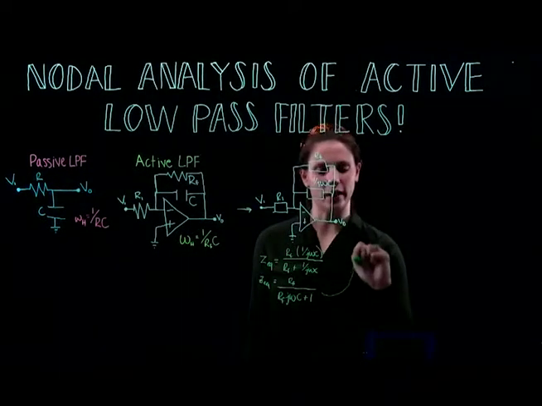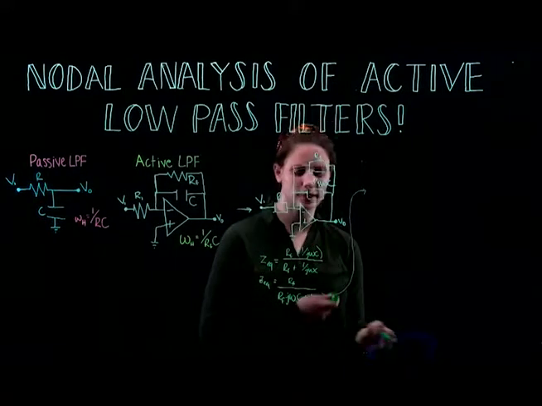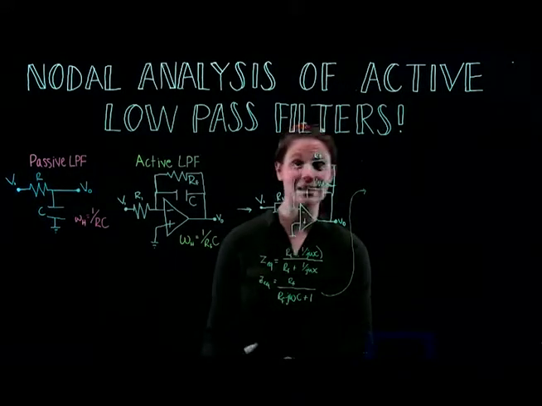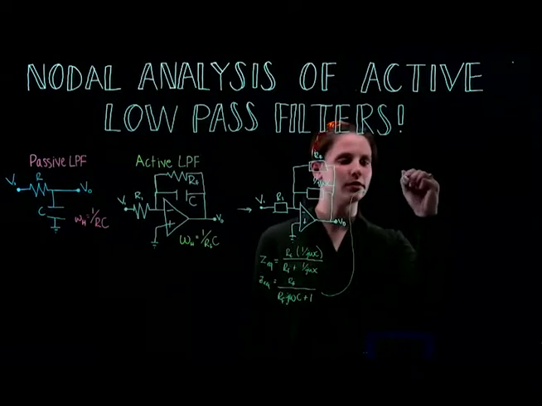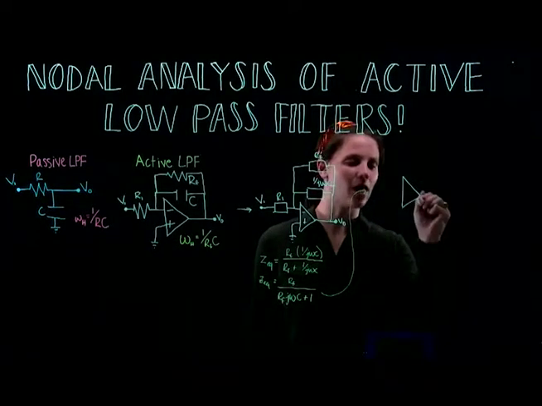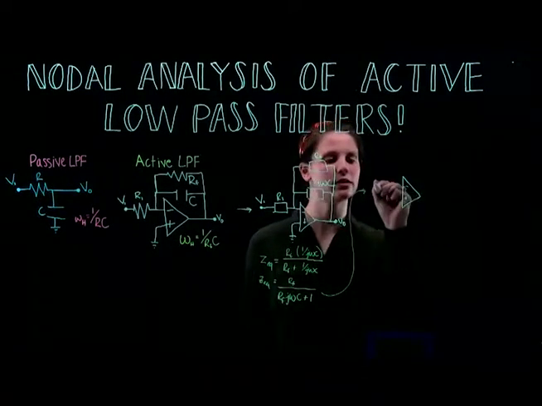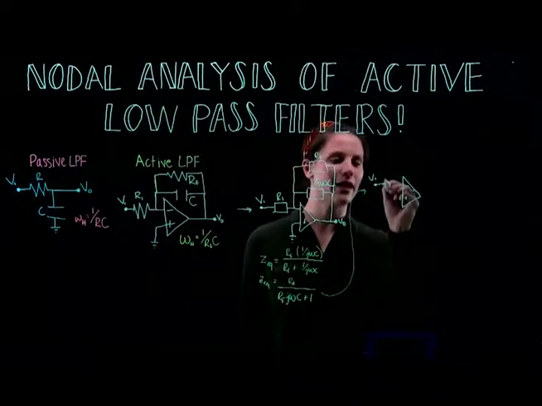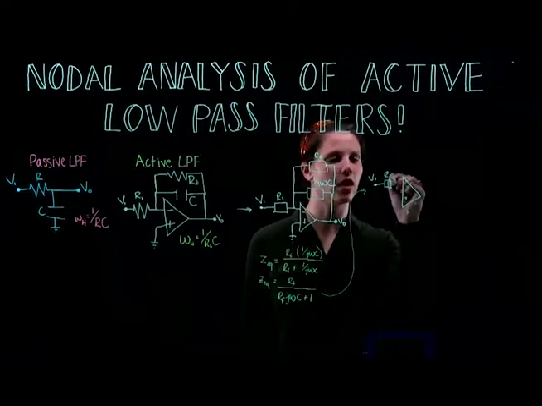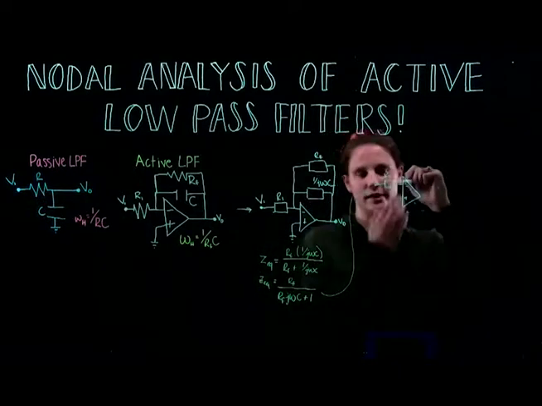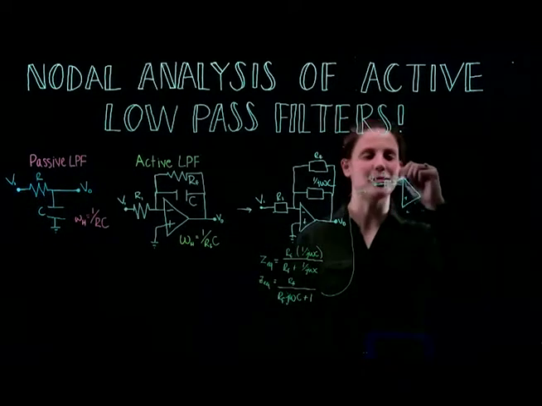Okay, so now we're going to go up here and we're going to redraw the circuit yet again into something that's even easier to analyze. So this time we'll have our same op-amp, we'll have the same voltage source, V1, and we'll have our same resistor here, R1. We're going to wire that into the inverting terminal, my bad.